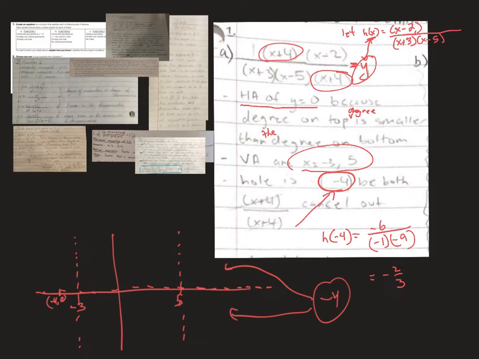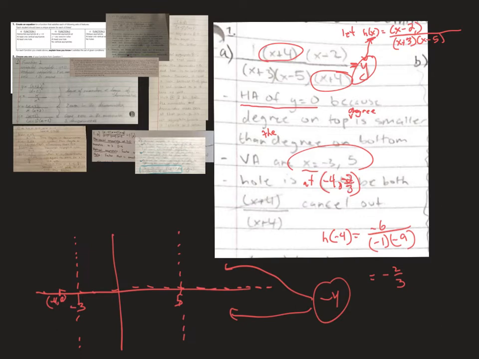So we should have said the hole is at -4 comma -2/3, and that is a place where I can get on board.